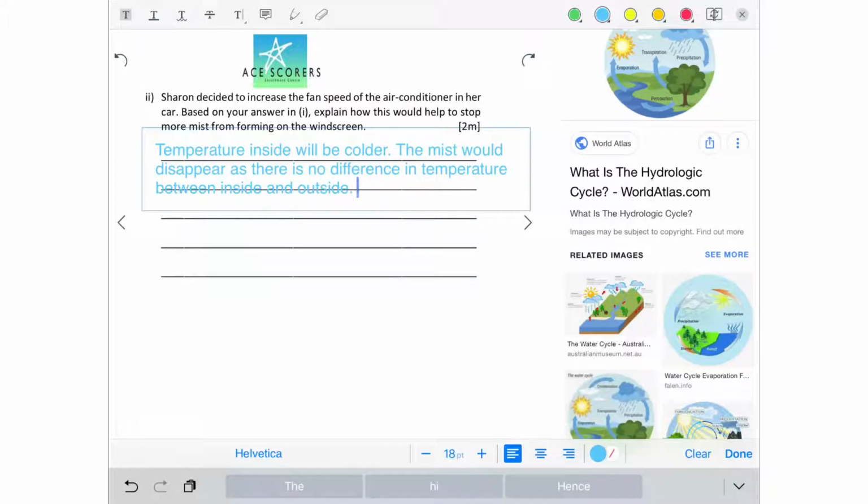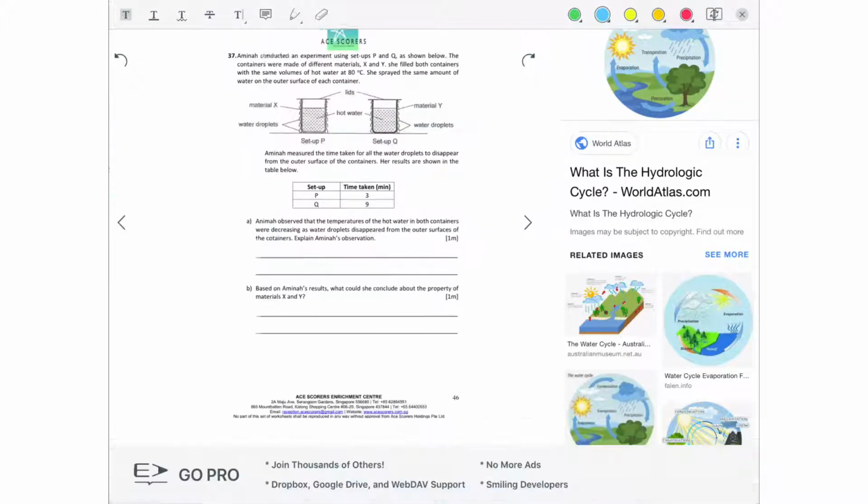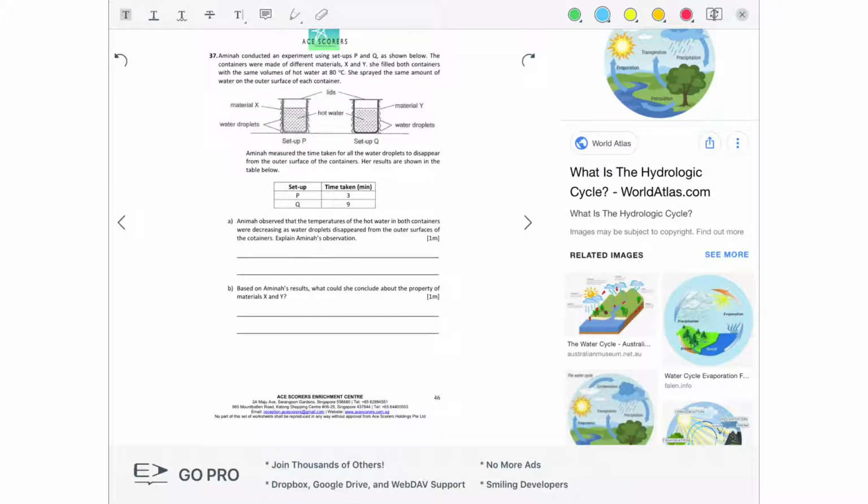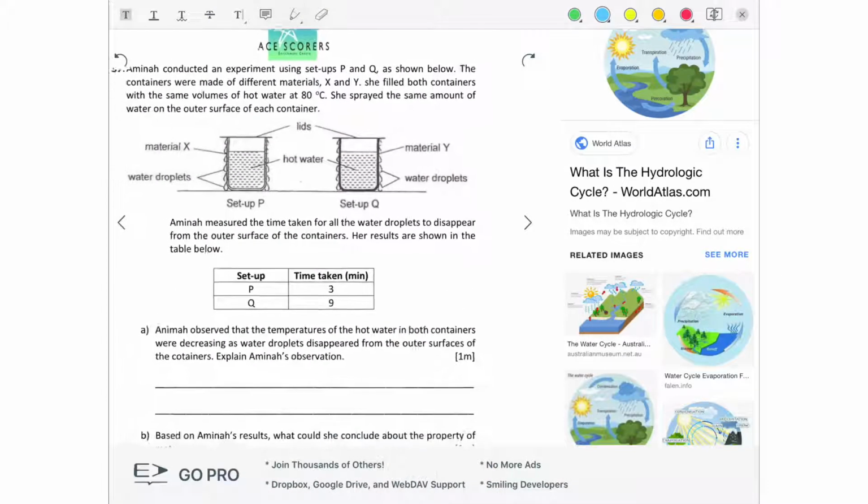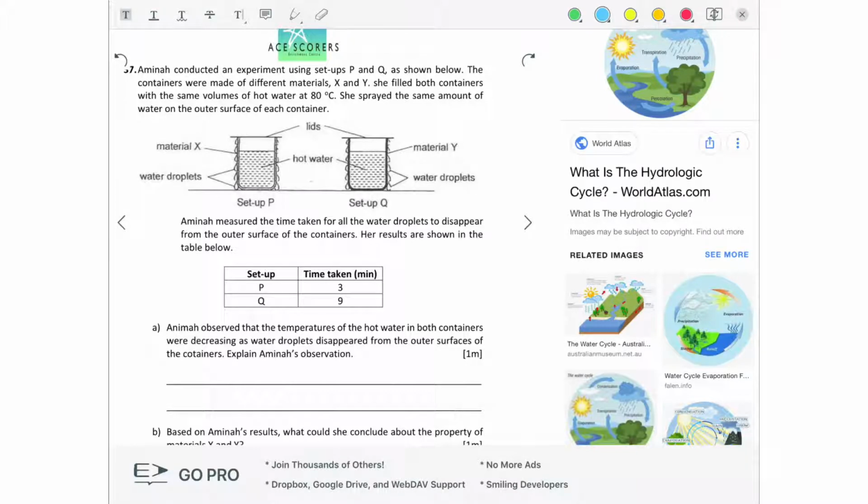There's no condensation. You get that part? No condensation. Okay. Simple? Condensation is fine, right? Can you see that the patterns are always the same type of questions?